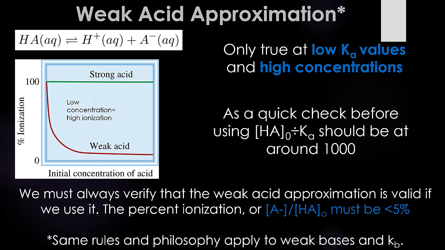Or in other words, you can put the concentration over the Ka and see if it's 1,000 times greater or larger. You can do this via estimation simply by looking at the orders of magnitude to decide if it is worth using the approximation or not before even starting the problem. You then must still show me the 5% check after using the approximation.